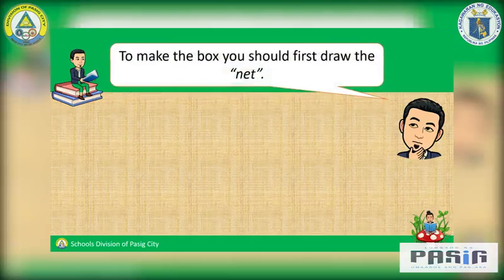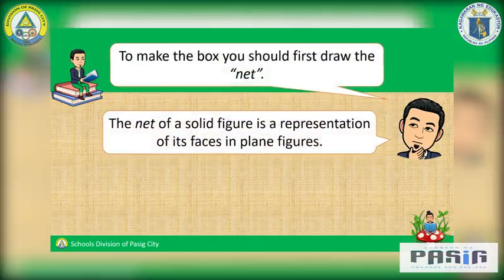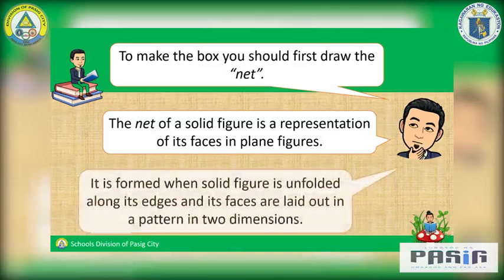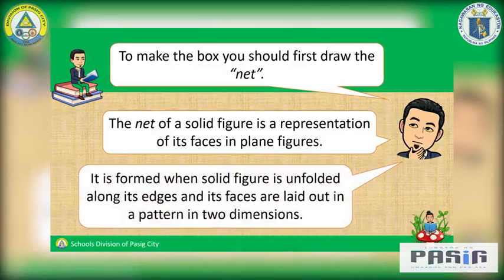To make the box, you should first draw the net. The net of a solid figure is a representation of its faces in plane figures. It is formed when a solid figure is unfolded along its edges and its faces are laid out in a pattern in 2 dimensions.